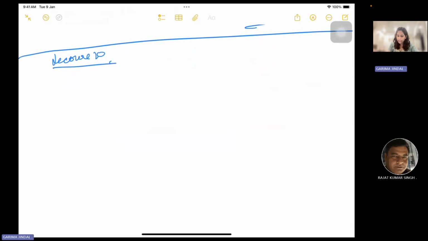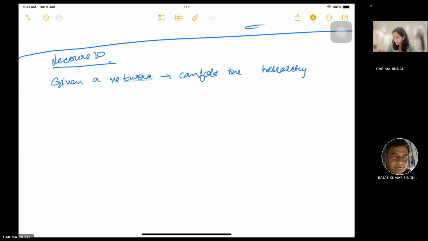Given a network, what we can do is unfold the hierarchy in the network.